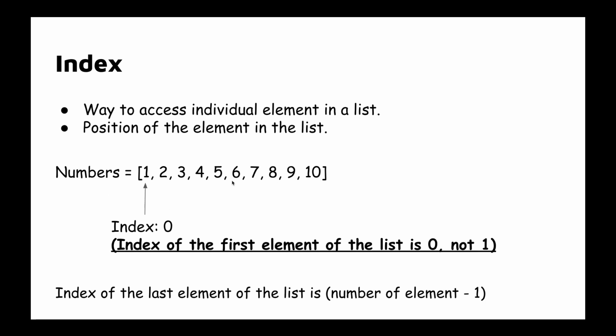This makes sense because since we start from 0, the index of the nth element of the list should be n minus 1. For example, the first element has index of 0, second has index of 1, third has index of 2, and so on.